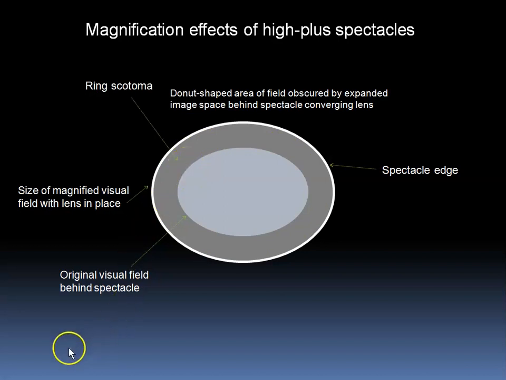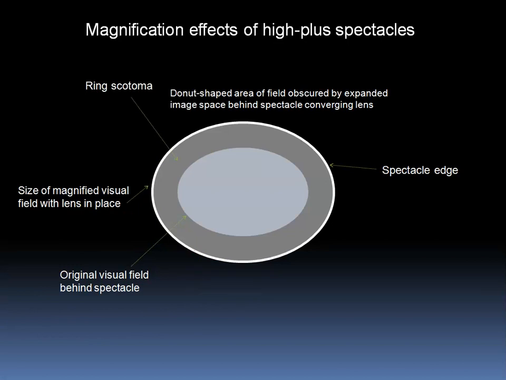the spectacle plus lens. As one moves one's head from side to side, it is possible for objects to suddenly jump out of the ring scotoma or suddenly enter the ring scotoma, which creates disturbing effects. These effects are more noticeable in the high plus spectacle range above +5 or +10.